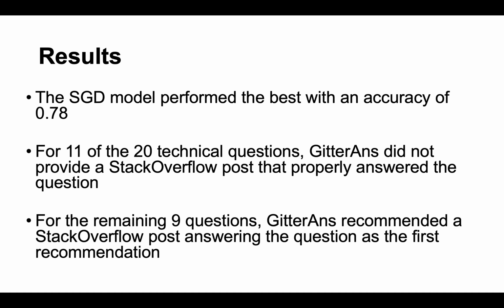However, for the remaining 9 questions, GitterAns was able to recommend a Stack Overflow post answering the question as the first recommendation. As far as the detecting questions component, our experiments showed that the stochastic gradient descent classifier performed the best with an accuracy of 0.78.